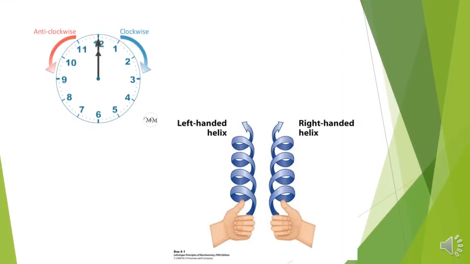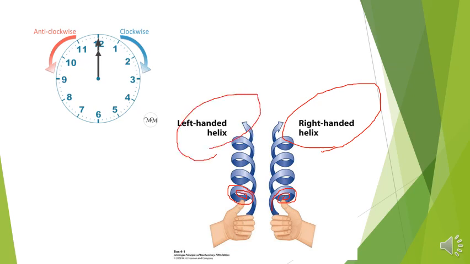And as you can see in this picture, this DNA is twisted in a right-handed fashion, so this is a right-handed helix. But this DNA is twisted in a left-handed fashion, so that is a left-handed helix. It means anti-clockwise turning, right?